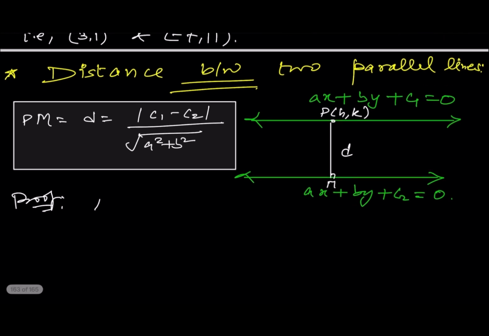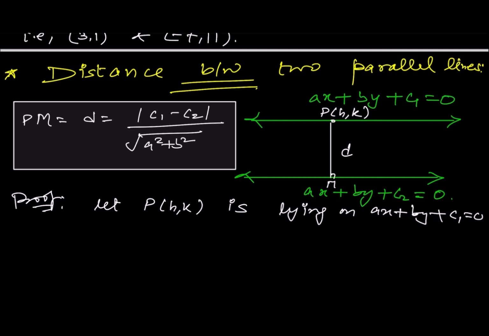So let P (h, k) be lying on Ax plus By plus C1 is equal to 0. So it implies Ah plus Bk plus C1 is equal to 0. Say this is equation 1.